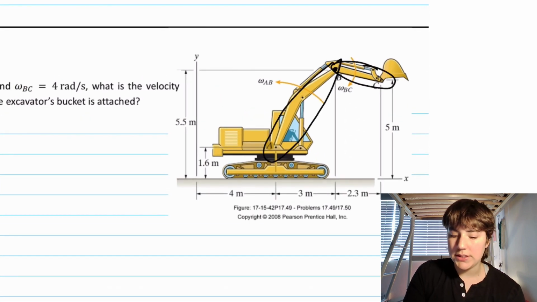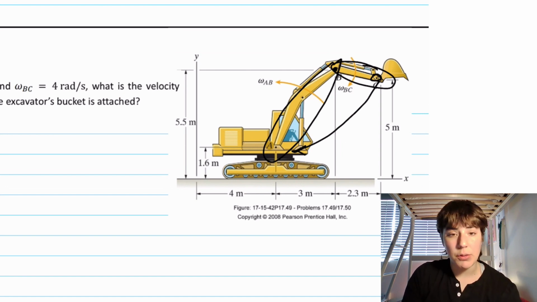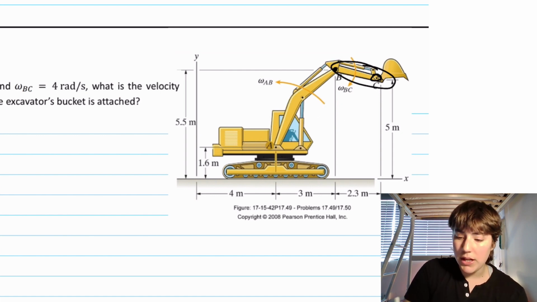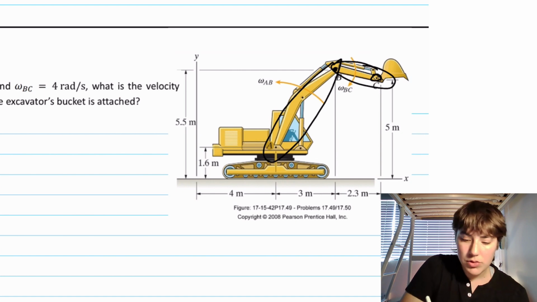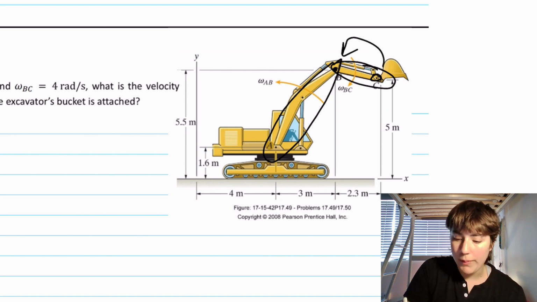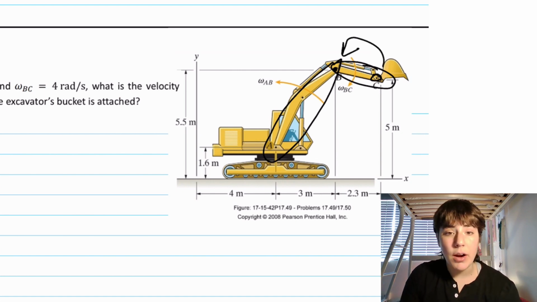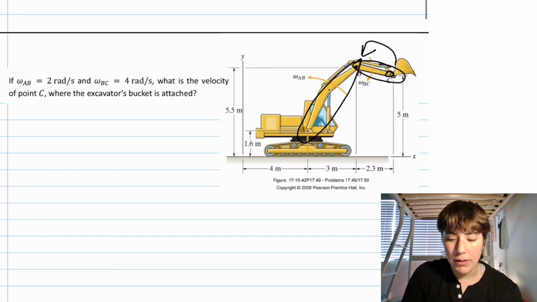If we just go back a second, we can't relate point C to point A directly because they're not on the same rigid body. The equations that we found relate 2 points on the same rigid body. So we can only relate point C to point B. And then from there, we don't know anything about the velocity of point B besides where it is specifically in a coordinate frame.